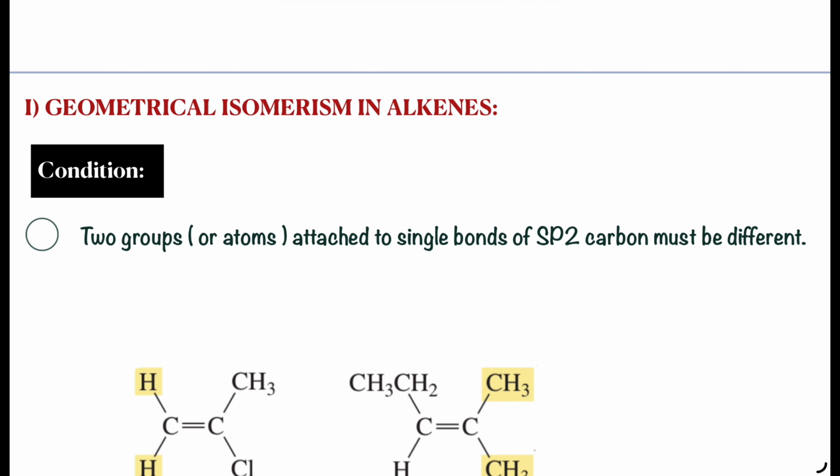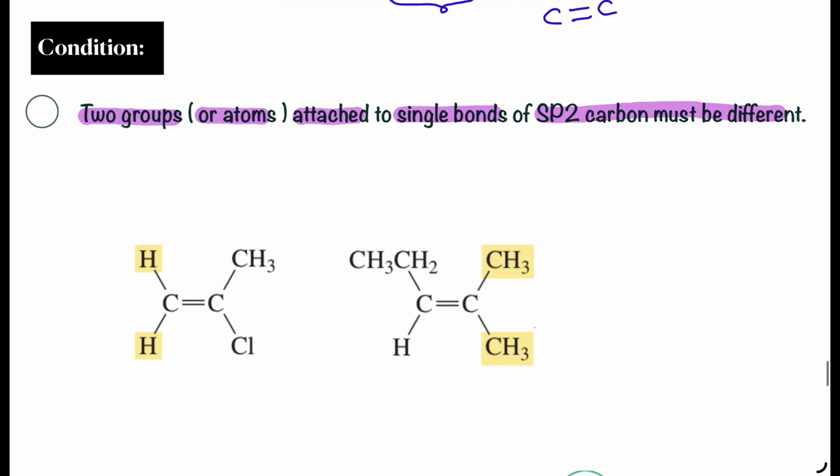Now let us discuss geometrical isomerism in alkenes. In case of alkenes, you already know there is a C=C double bond, and this is responsible for the rigidity. Due to the presence of a rigid bond, alkenes can exhibit geometrical isomerism. But the further condition is the two groups or atoms attached to the single bonds of sp2 carbon must be different.